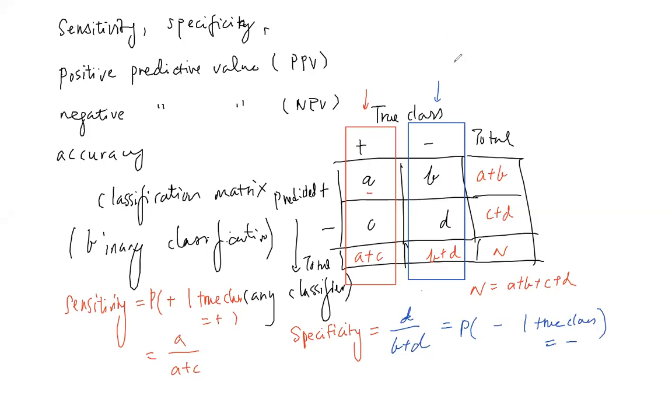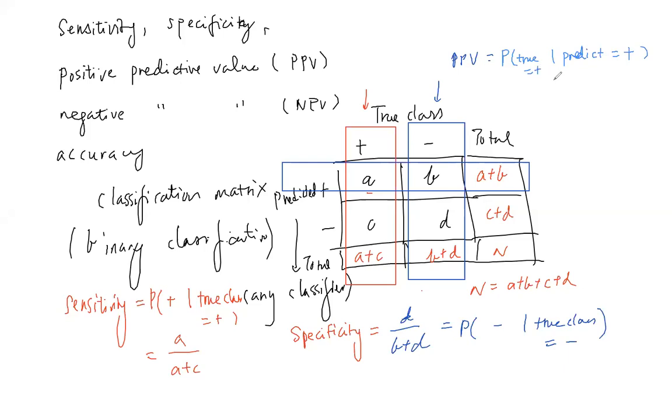Now, your PPV is basically going by the rows. So it's another type of conditioning, but you're conditioning on the predicted results. It goes like this, okay? So this is the probability that, given the predicted equals plus, if you get a plus for your prediction, what is the probability that the true class is plus?